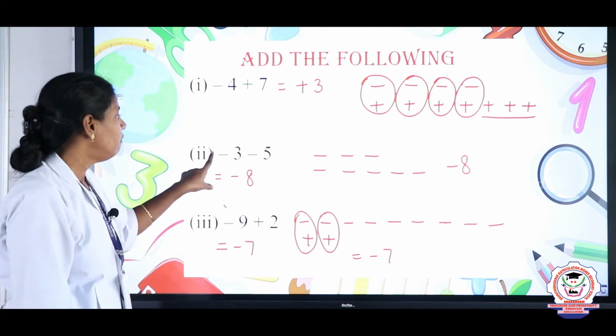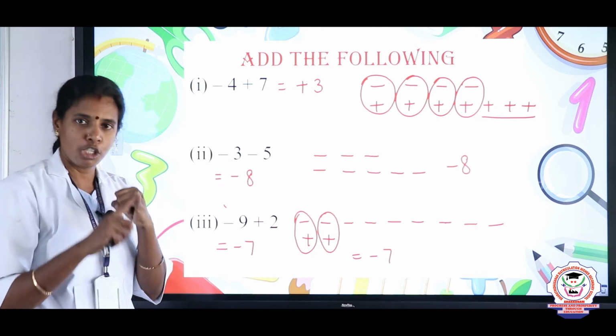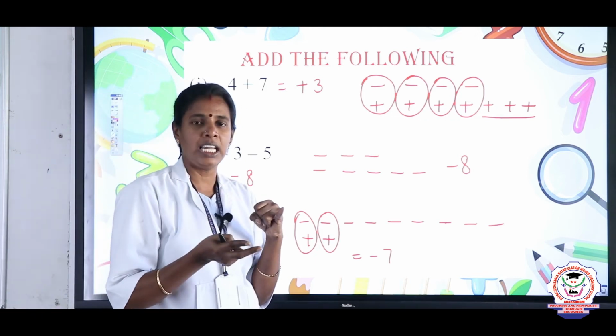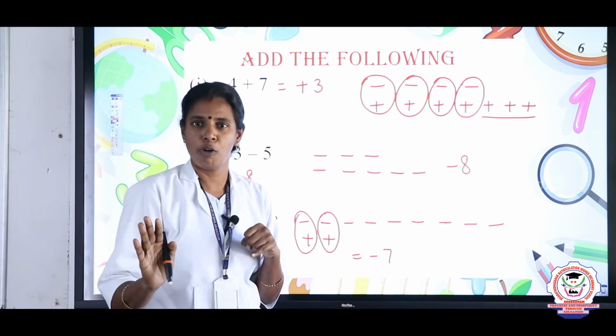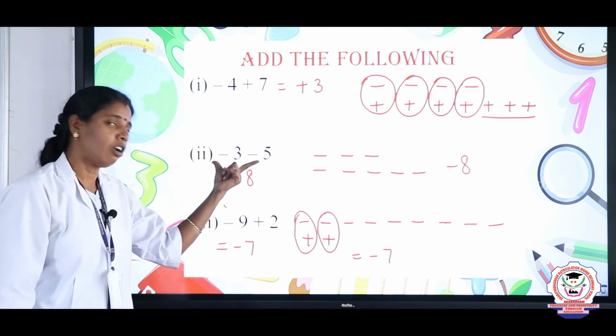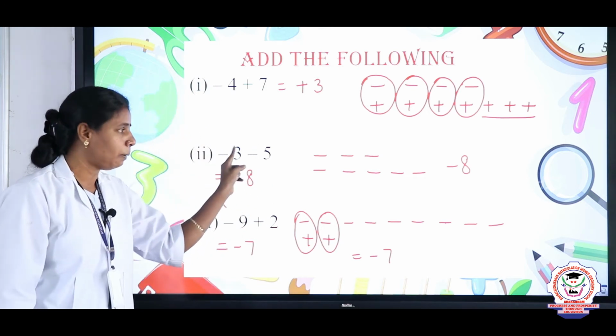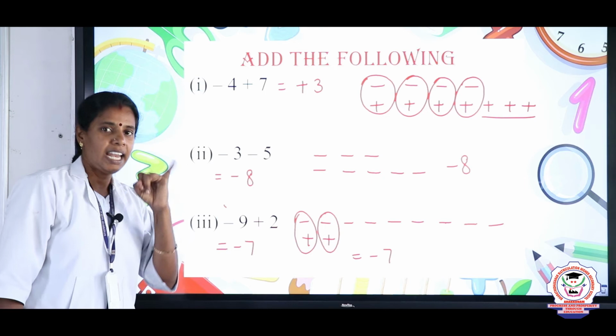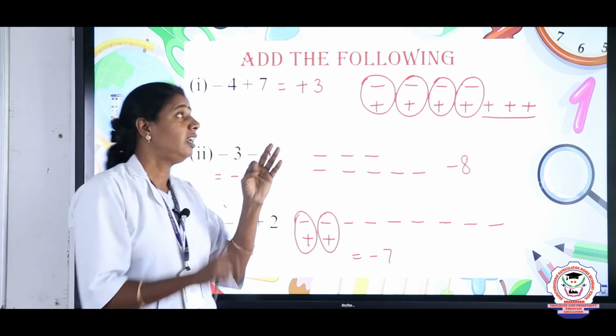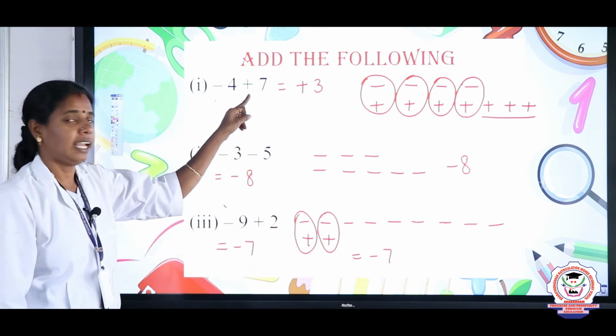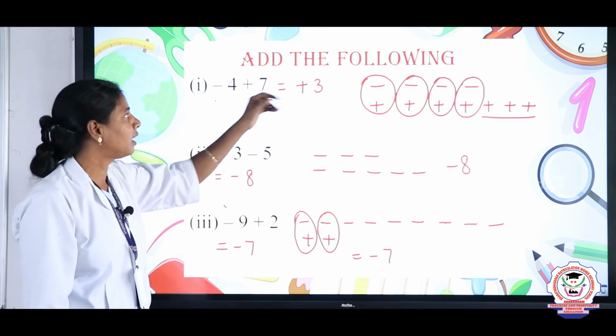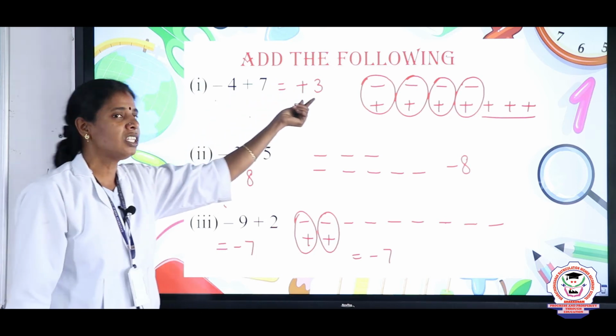Is it clear? When both the integers are positive, you need to add both the integers, and the answer will also be positive. When both the integers are negative, you need to add the numbers, and the answer will also be negative. And third, when one is positive and one is negative, you need to subtract. See, 7 minus 4 is 3.